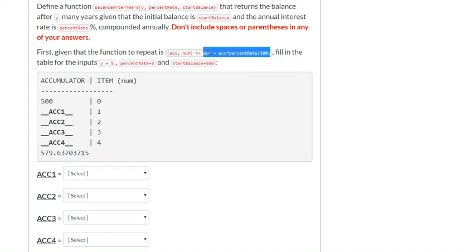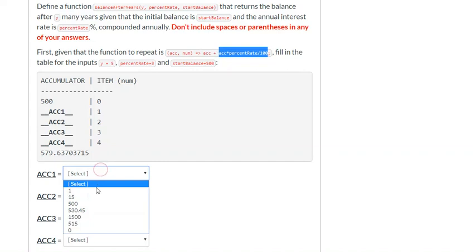So this is 500 plus 500 times the percent rate of 3 over 100. The 500 times 3 over 100 is done first, since order of operations says you do multiplication before addition. So 500 times 3 over 100 is 15, and you add that to the 500, so your ACC1 is going to be 515.